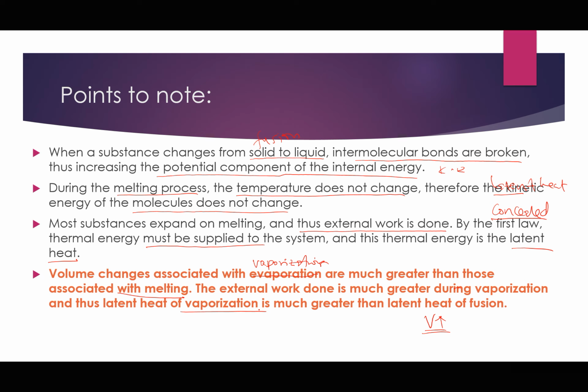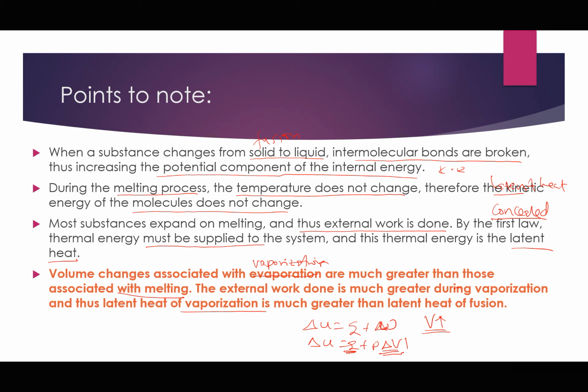And remember, the change in internal energy is equal to Q plus work done. And the change in internal energy is equal to Q plus pressure times change in volume. The change in volume due to vaporization is far, far larger than the change in volume due to melting.